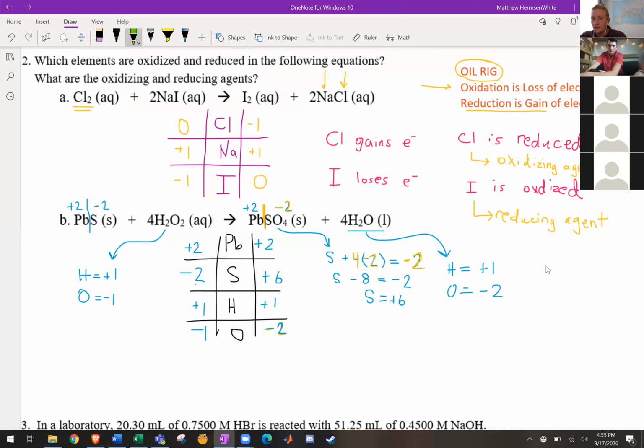If we did the equation, we'd have 2 times +1 plus oxygen equals 0. So this would be 2 plus oxygen equals 0, or oxygen equals -2.